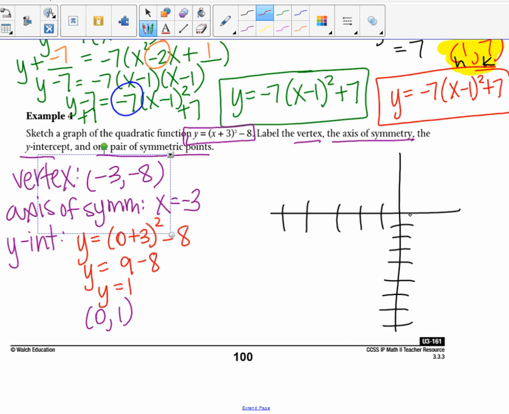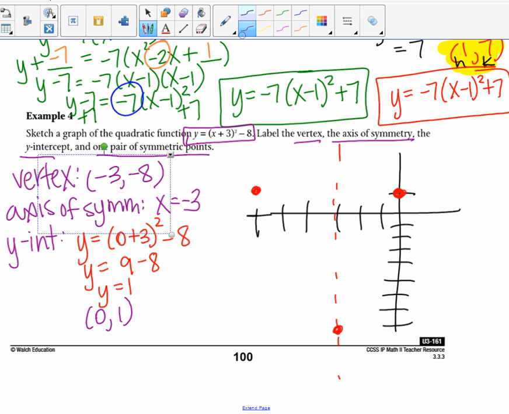All right, so we're at -3, -8. Our axis of symmetry goes through that point. And let's see, we are up here at 0, 1. Now with our symmetric points, because it says find a pair of symmetric points, here we went 3 to the right, so I'm going to go 3 to the left.